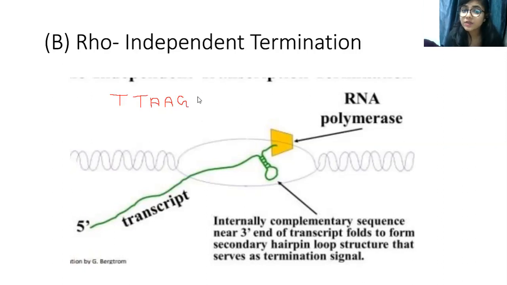It should go this way, but the sequence should be inverted. So G inverse is C, A inverse is T, T, A, A.